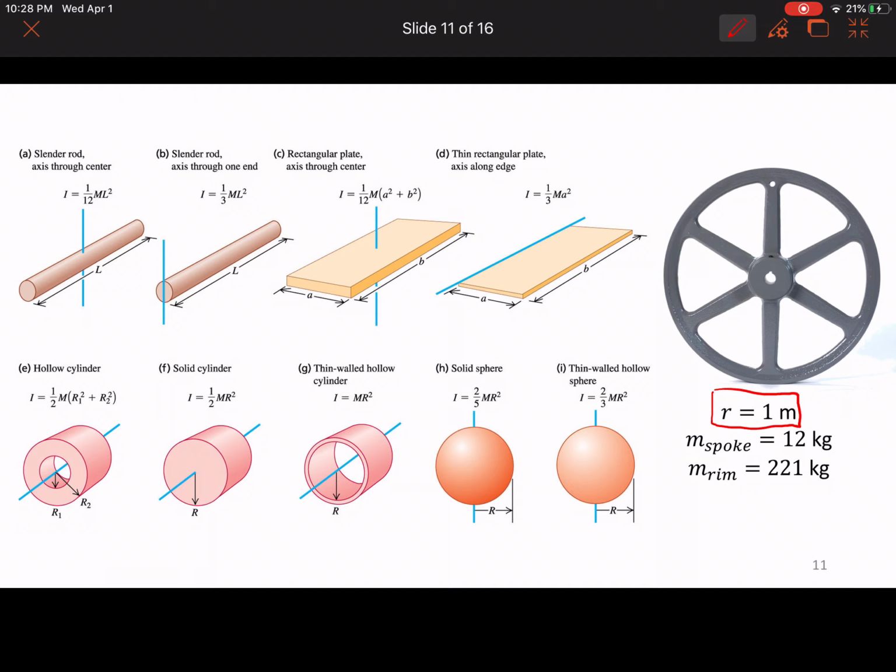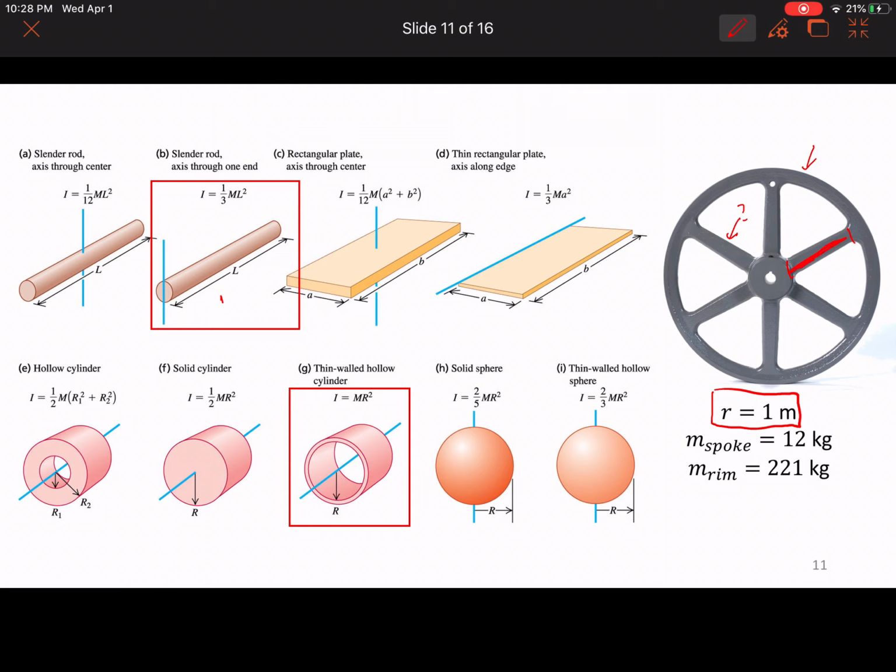So take a look at these 9 formulas. Which of these is relevant for the spokes and which of these is relevant for the outer rim? So the answer turns out to be the slender rod, because each of these spokes is a slender rod rotated about its end, 1/3 ml squared, and the hollow cylinder.